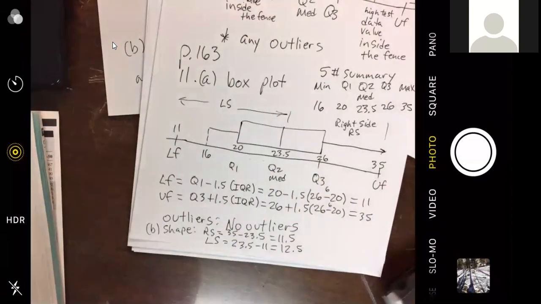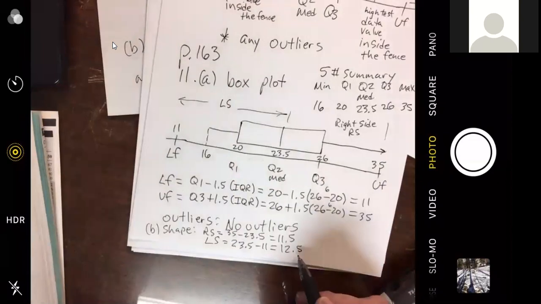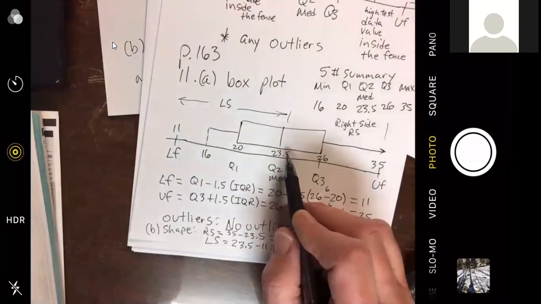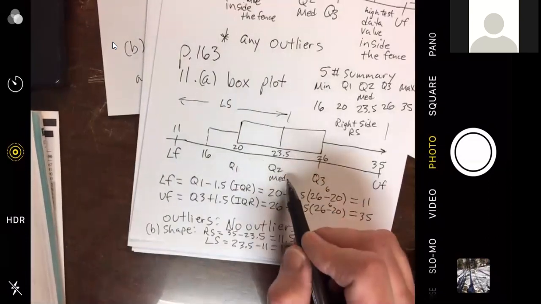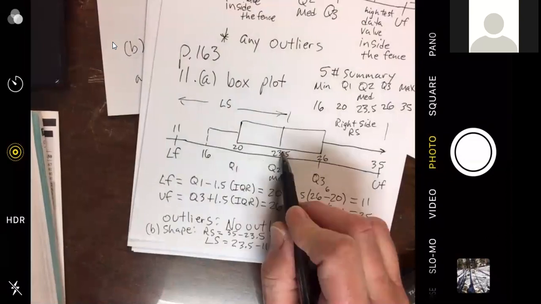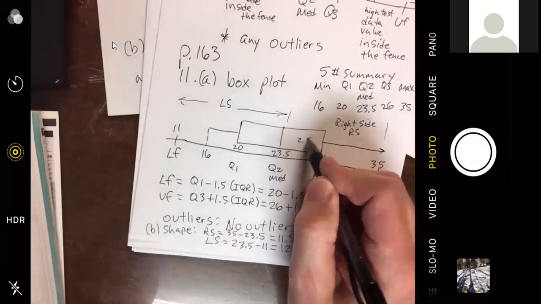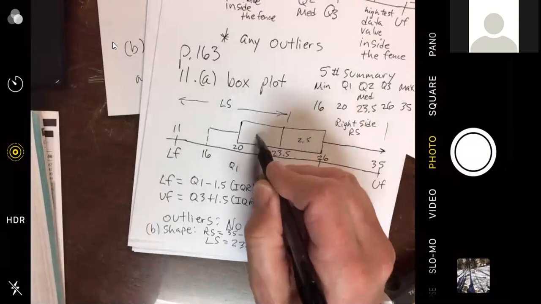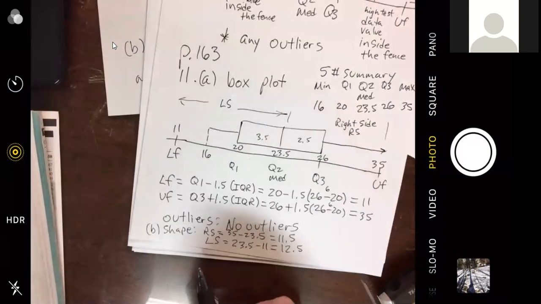Well, this would say it's slightly skewed left. My book is saying slightly skewed right. I wonder if they're using just the box. 26 minus 23.5 would be 2.5 here, and this side would be 3.5. That's still saying skewed left. Huh.